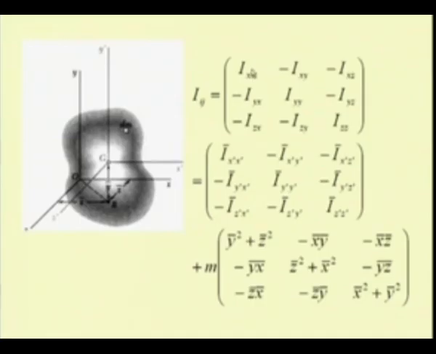So, we apply that for each of these terms, and when we expand it and write, we have it as the inertia tensor in the centroidal axis, that is I bar x prime, I bar x prime y prime. This is nothing but the product of inertia in this plane x prime y prime. In the same way this I bar x prime is nothing but the second moment of this rigid body with respect to the centroidal axis x prime.